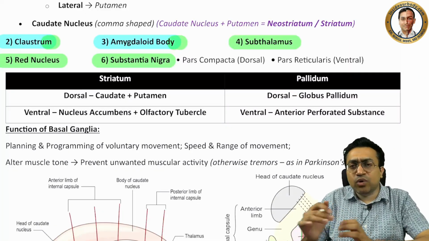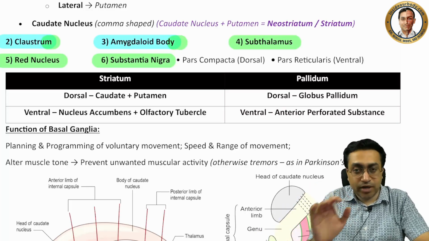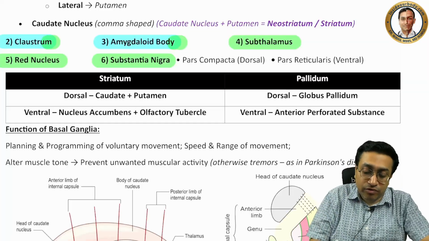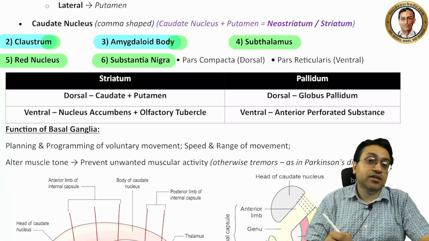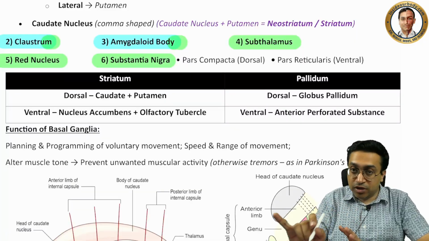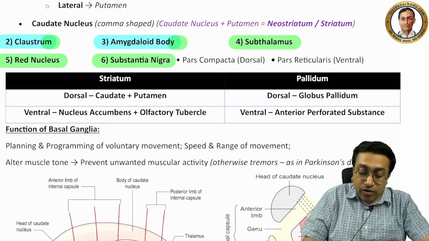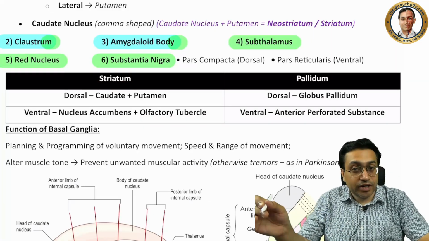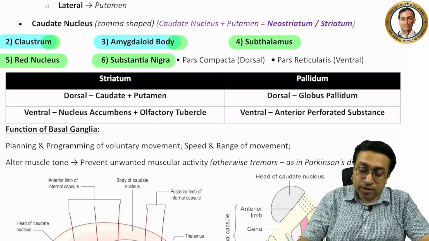So what I told you till now is the dorsal striatum and dorsal pallidum. Okay. In higher textbooks of neuroanatomy, you will find the word ventral striatum, and it has certain new terminology which you have not heard till now, that is nucleus accumbens and olfactory tubercle, which are part of the ventral striatum. And this is given in Gray's 42nd edition, the latest one also.